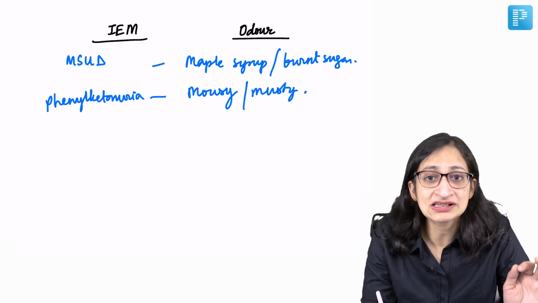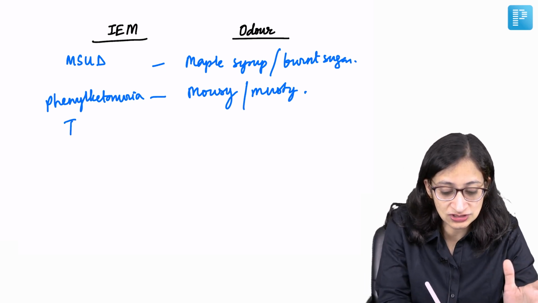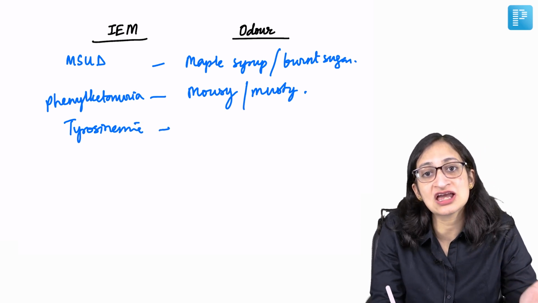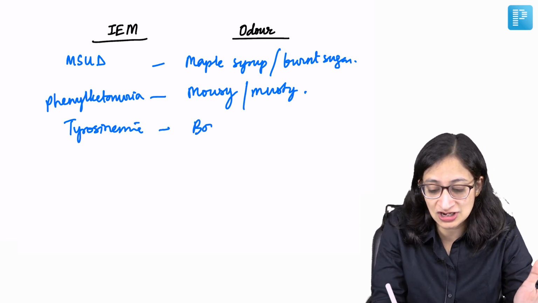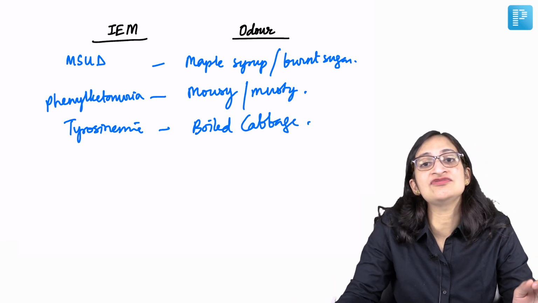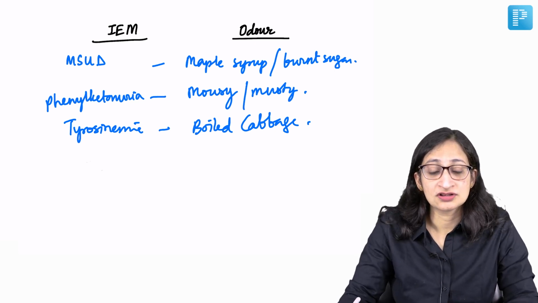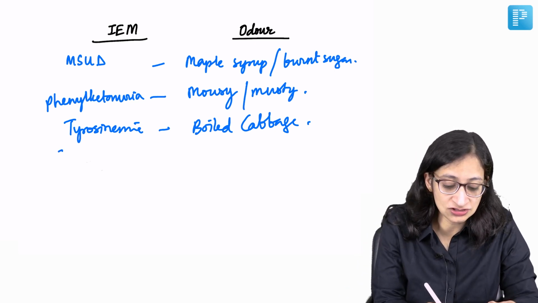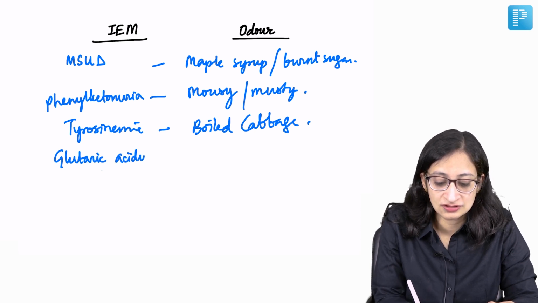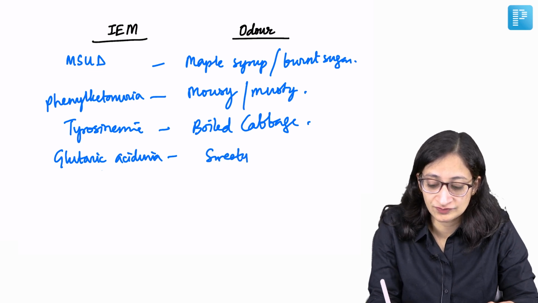You get a boiled cabbage kind of body odor in tyrosinemia. So these are some very few examples. You get a sweaty feet odor in glutaric aciduria, and even in isovaleric acidemia you can get a sweaty feet odor.